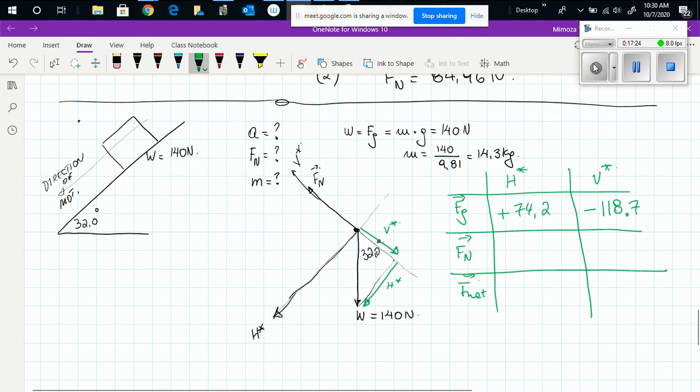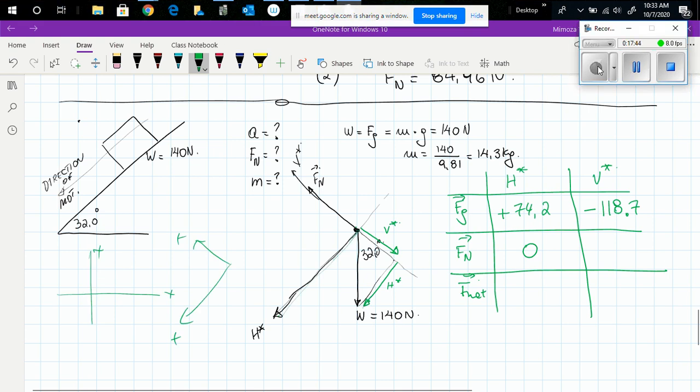The horizontal component of force normal in the new horizontal axis is 0 because it is perpendicular to the new horizontal.